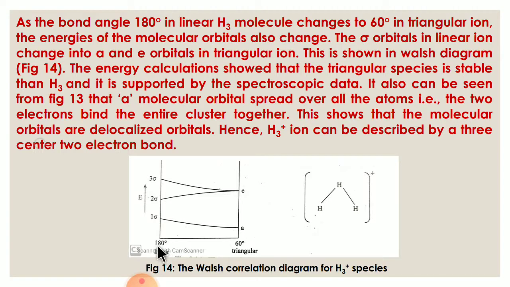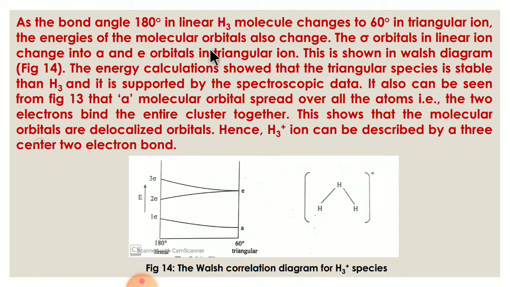The H3 species has bond angle 180 degrees, which has the linear structure, and the H3 plus molecule has triangular structure with bond angle 60 degrees. Here we can see the H3 plus species structure, H H H, and this bond angle is 60 degrees.